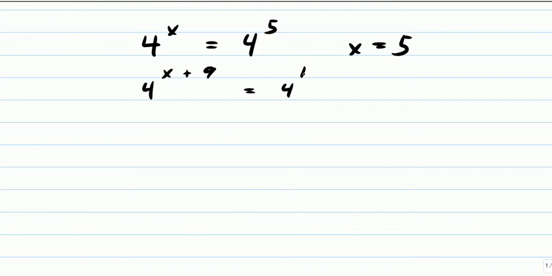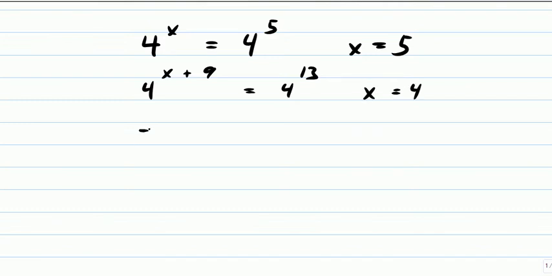So here we go. I start them off with just something like 4 to the x is 4 to the 5th. All I'm trying to do is establish that that's pretty easy when the bases are the same. Even if you make it something like 4 to the x plus 9 equals 4 to the 13th, it might look intimidating to students, but they relax and say, no big deal, x is 4.